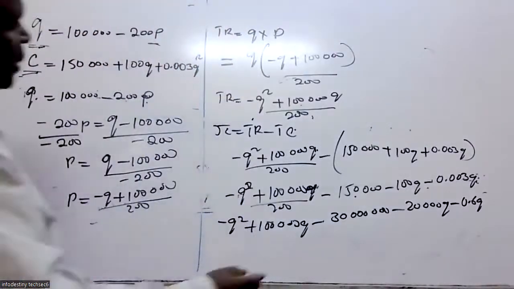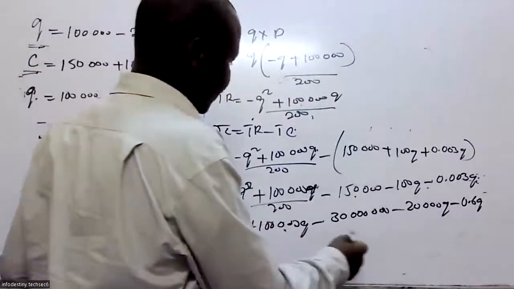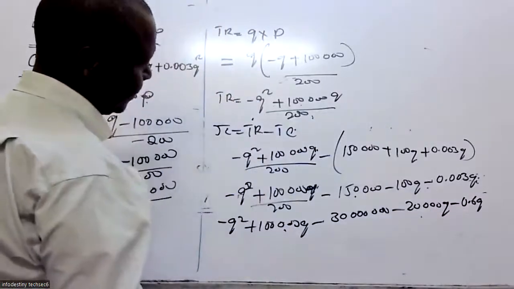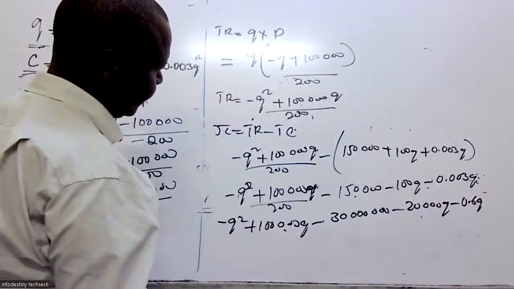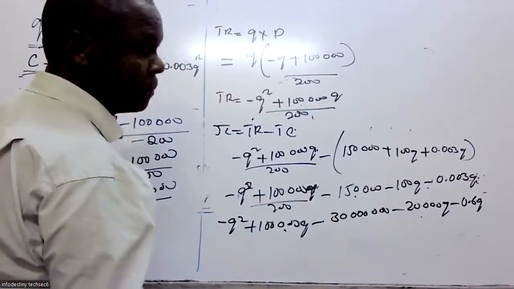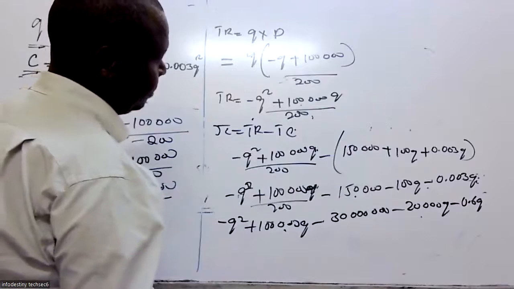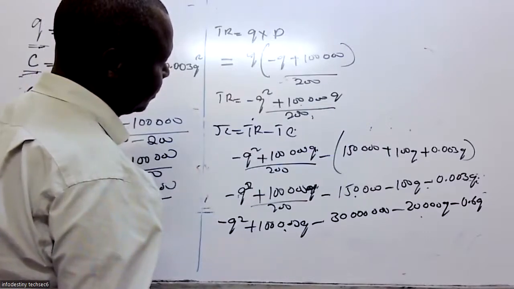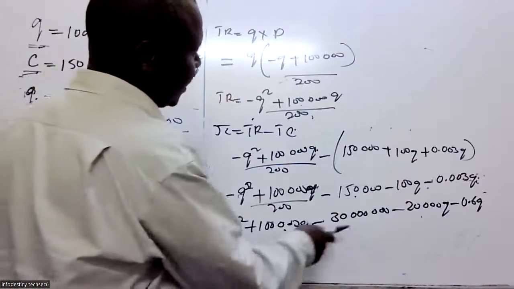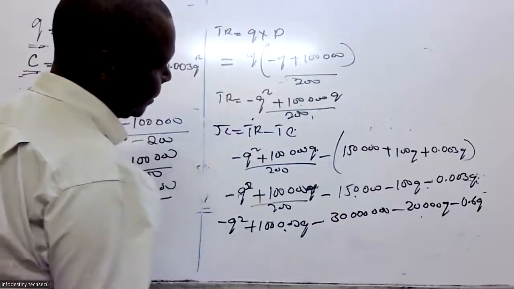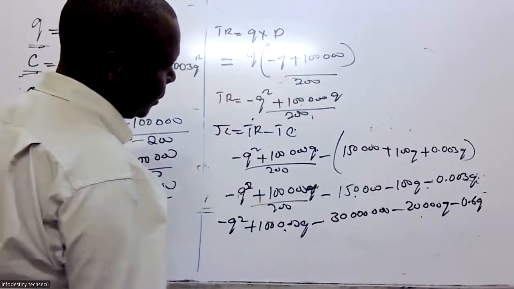So we collect the like terms: this one minus this gives us 80... This is 30 million.